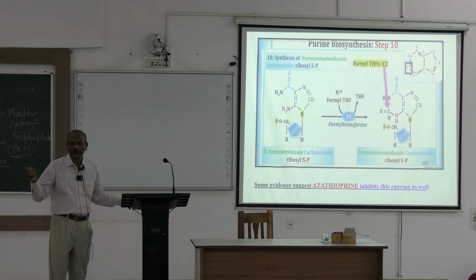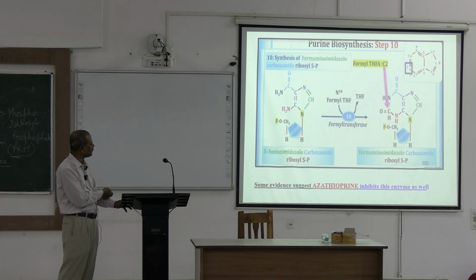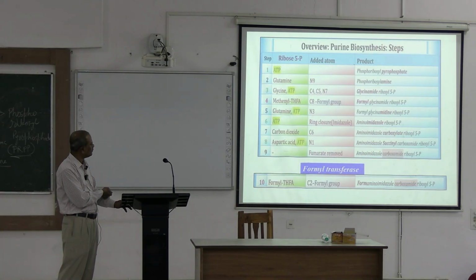If you cannot remember N5, N10, write down tetrahydrofolate. At least that will serve the purpose. So, these are the metabolic inhibitors I have told you. I will tell you in tomorrow also.